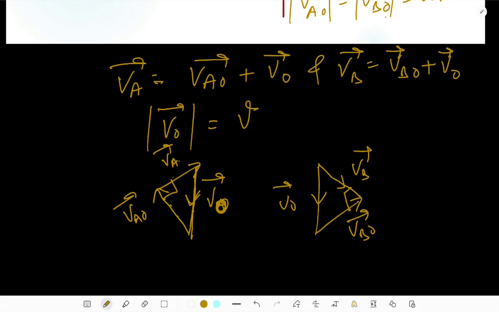So I guess that the corners of the triangle will lie on a circle with diameter V, the magnitude of the velocity of O. They are going to lie on a circle.